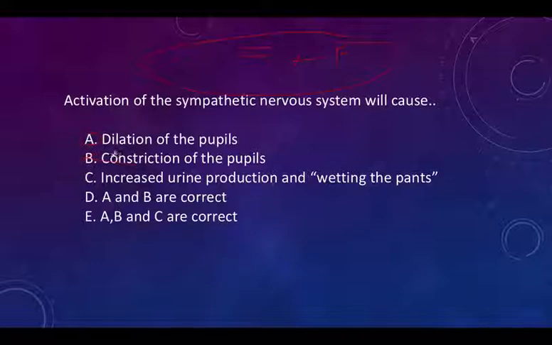And obviously B has to be wrong. It's parasympathetic. Increase urine production, that would be rest and digest, right? Pooping and peeing. So that's not right because it's parasympathetic. So for activation of the sympathetic NS, I think A is the only correct answer there.